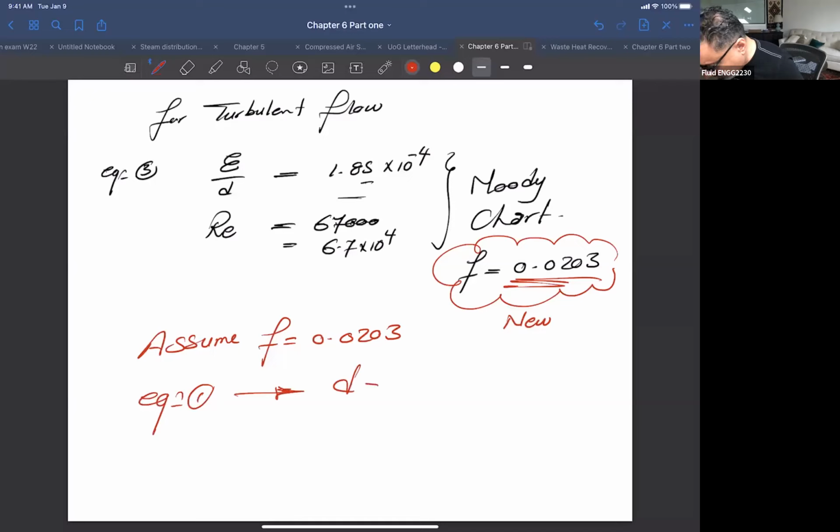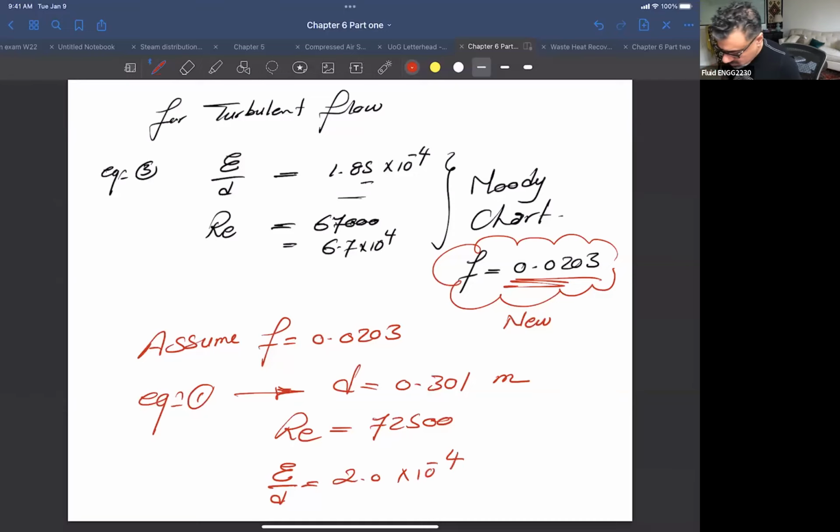So the diameter here will be 0.301 meter, right? A different number here. Reynolds number here will be 72500, right? Epsilon over D is 2 times 10 to the power minus 4, right?